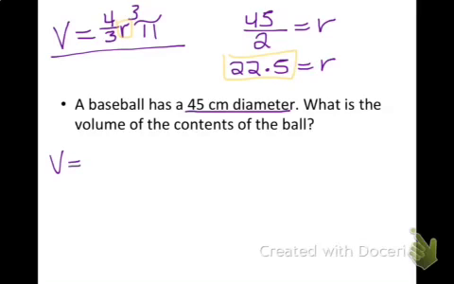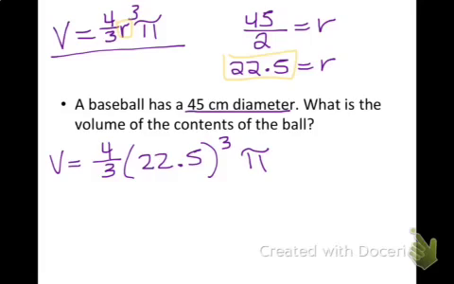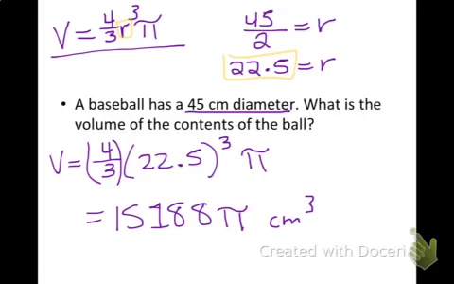So volume is 4/3, 22.5, and we're going to cube that, and then we can just leave pi at the end. So if you're putting this in your calculator, please make sure to put parentheses around your fraction. So once you get that, you get 15,188 pi centimeters cubed, and I rounded up for this one.